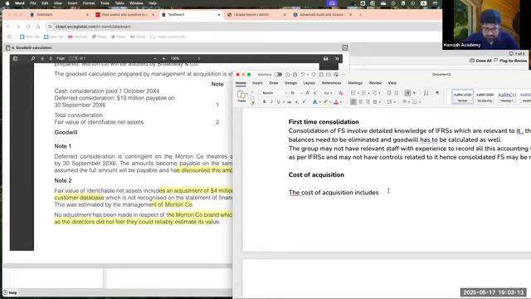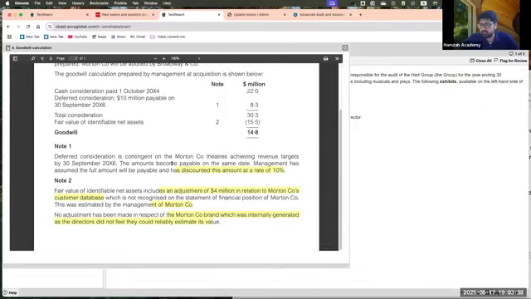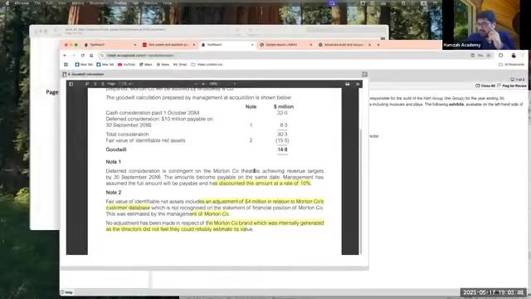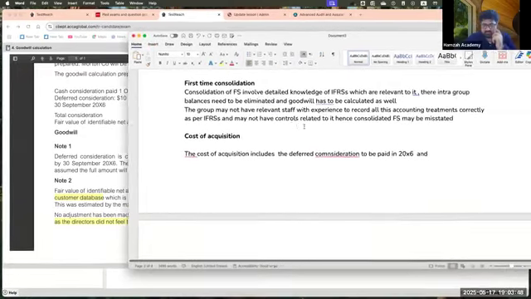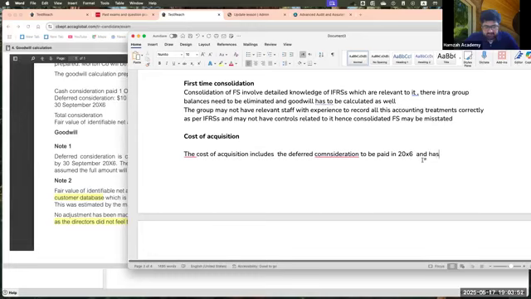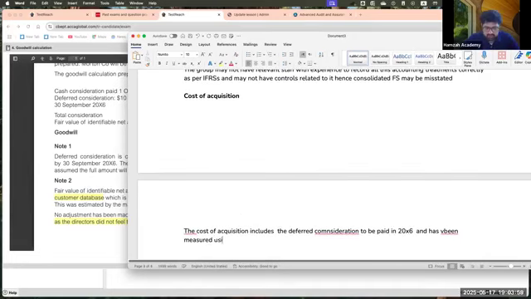The deferred consideration, to be paid in 20x6. And you see here, this is the full amount payable and has been discounted, measured using a discount rate of 10%.